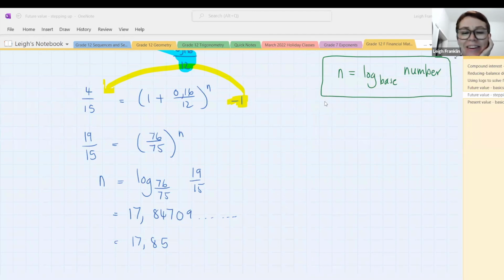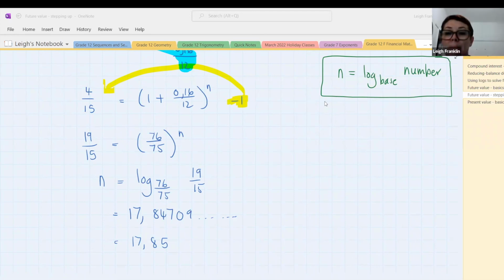My teacher taught us that after getting the 17, that means 17 years. Then we take the decimal that follows, 0.84709, multiply it by 12, and if we get, let's say, 8, then we say 17 years and 8 months.